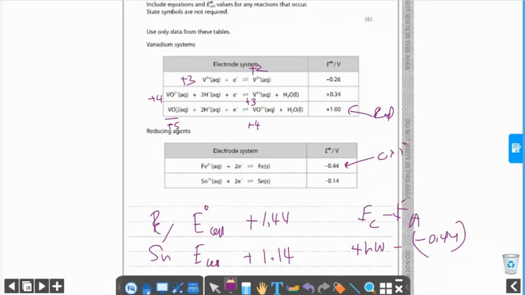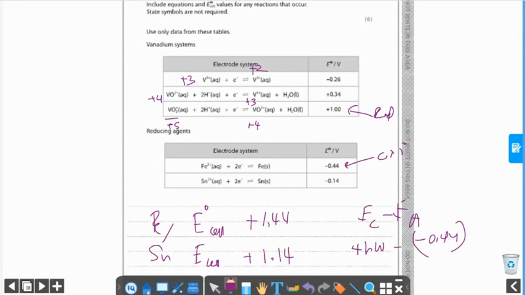So you can say both iron and tin can be used to reduce vanadium +5 to vanadium +4. And you have to construct the two equations and calculate the E cell separately and show.